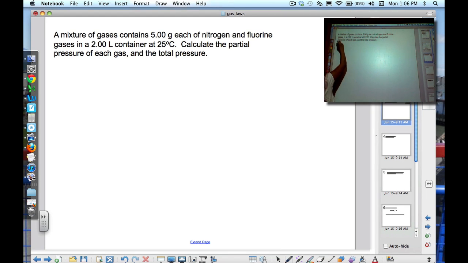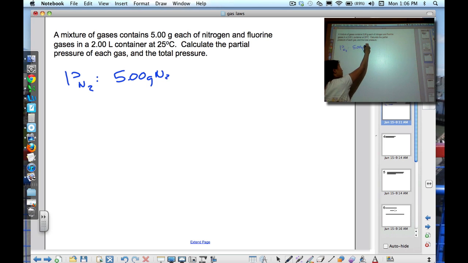Okay, the partial pressure of N2 gas. So you would take 5 grams of N2, because nitrogen is diatomic in gas form.